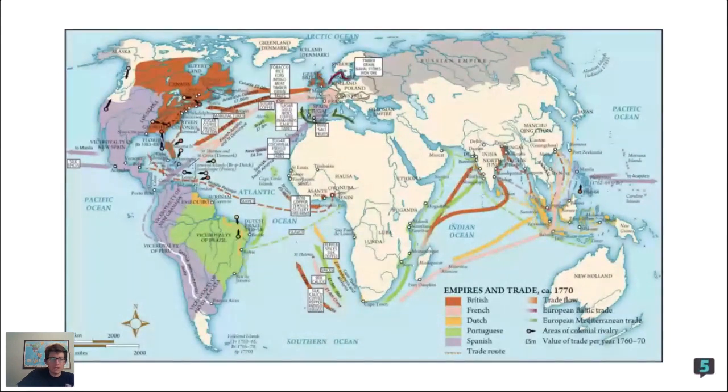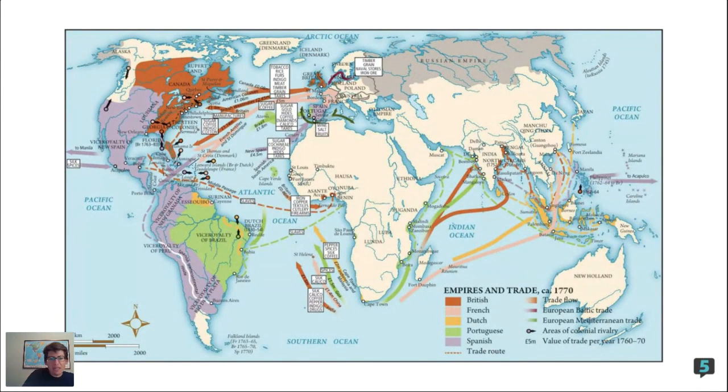Religious competition with non-Christians as well, and then of course economic rivalry and the desire to make money. And so the empires that really stand out in this time period from Europe are the Portuguese, the Spanish, the Dutch, the French, and the British. Those 5 countries are ones I usually have people focus on.